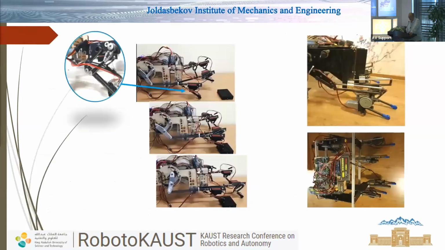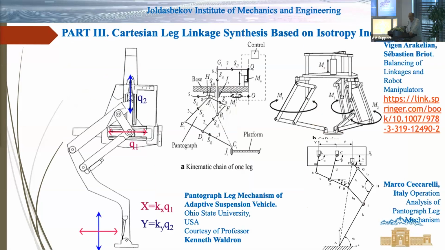This slide demonstrates that this black mechanism is the adaptation mechanism of each leg, which provides adaptation to uneven terrain, so that this mechanism provides smooth horizontal and translational motion of the body despite rough terrain irregularities.